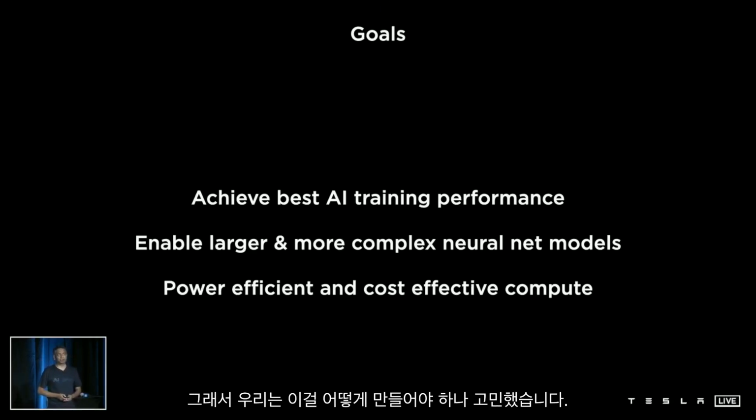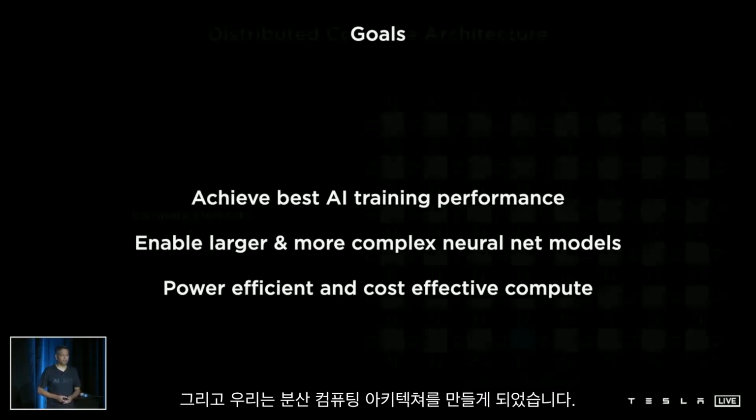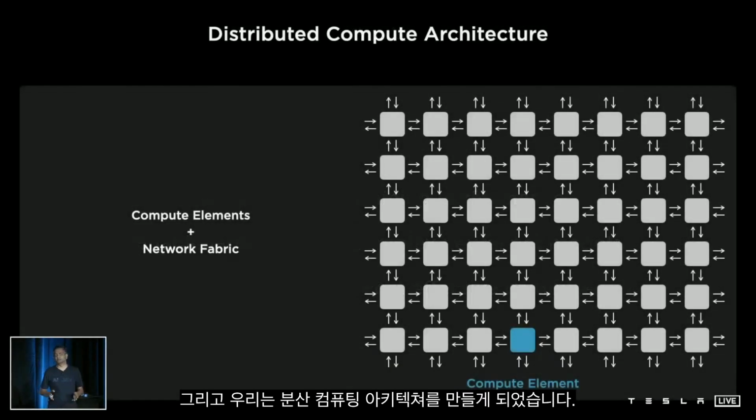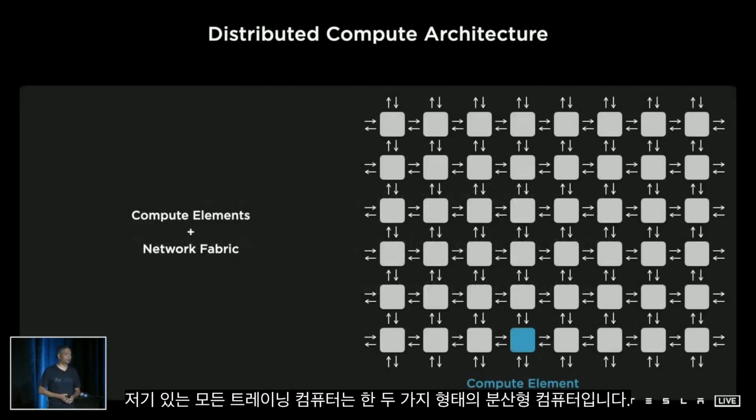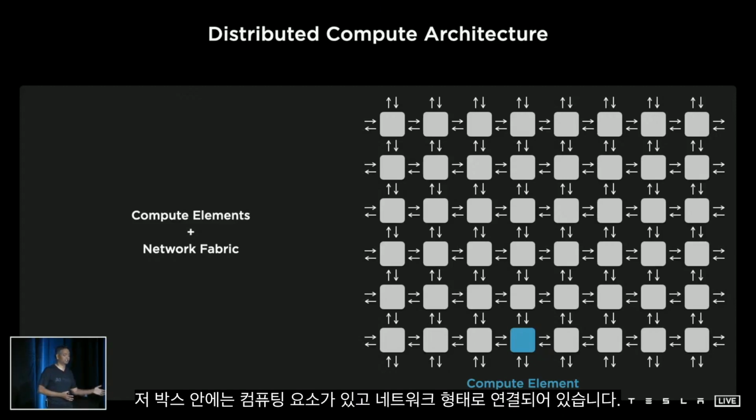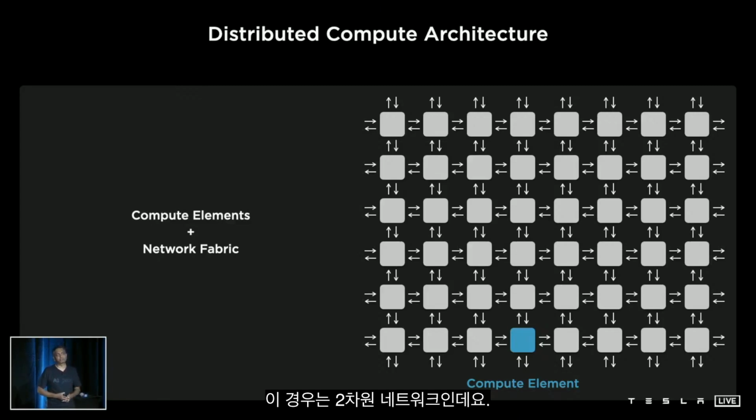We thought about how to build this, and we came up with a distributed compute architecture. After all, the training computers out there are distributed computers in one form or the other. They have compute elements in the box out here, connected with some kind of network. In this case, it's a two-dimensional network, but it could be any different network.